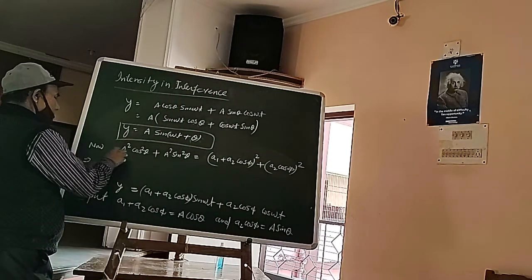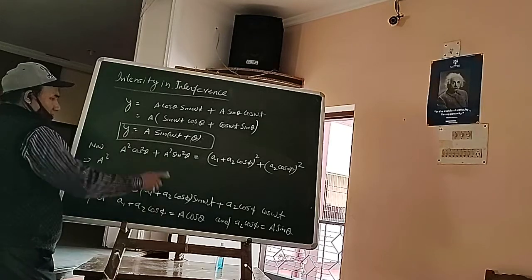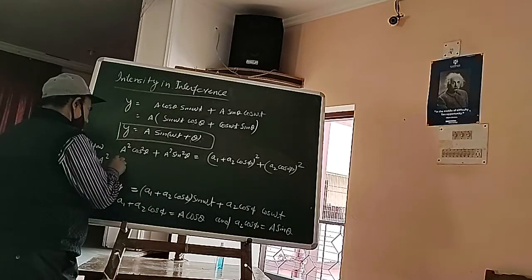Here A square (cos square theta plus sin square theta), that is 1.